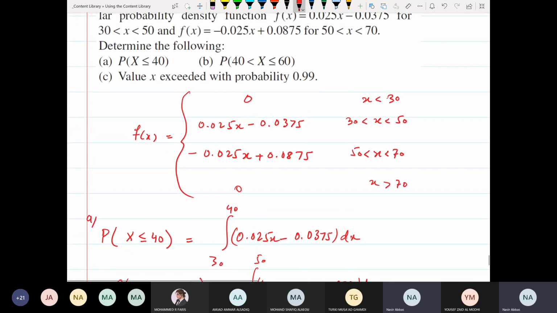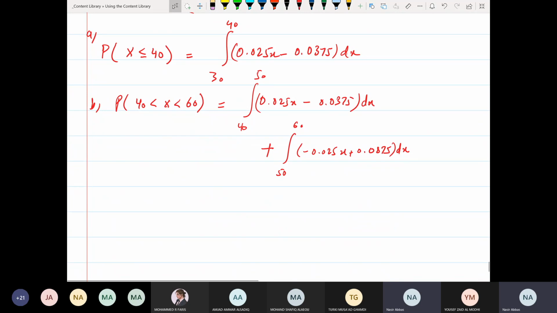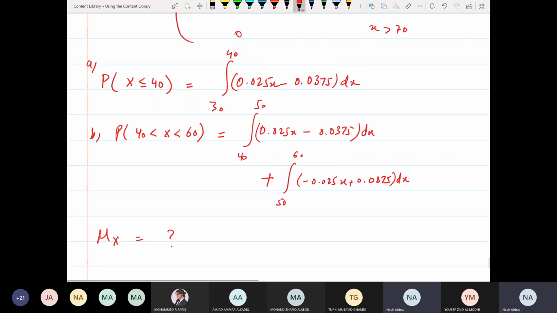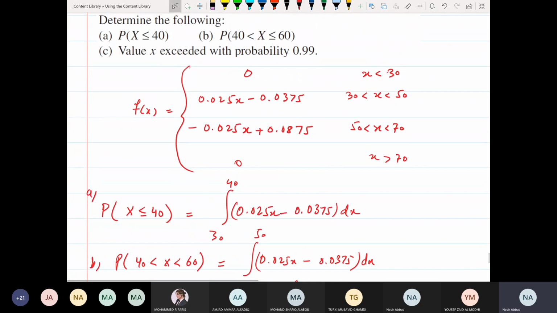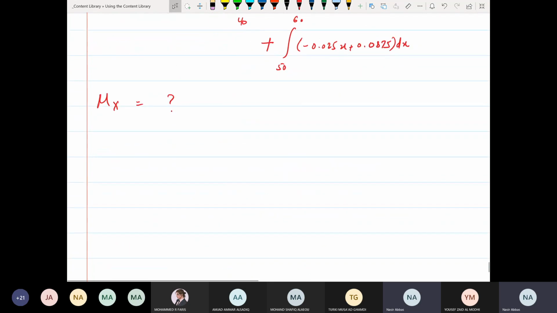Then, although it's not asking, what if it asks for the mean? How will you find the mean? For such a question where there is split domain, you'll find the mean like this.